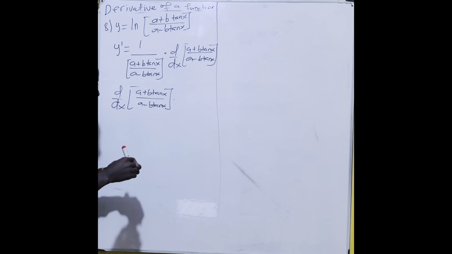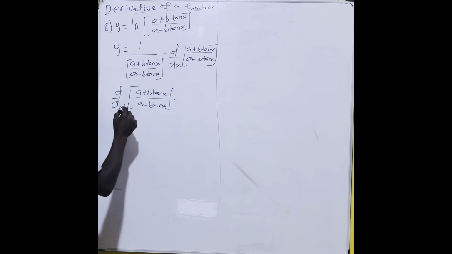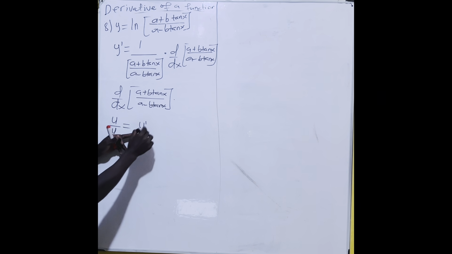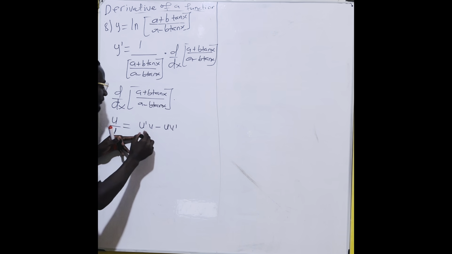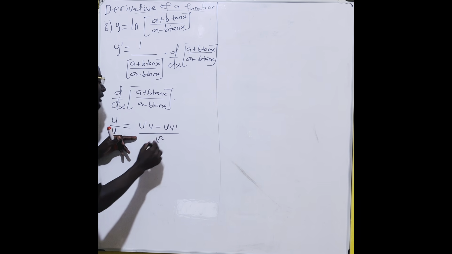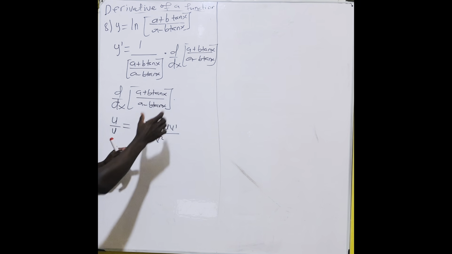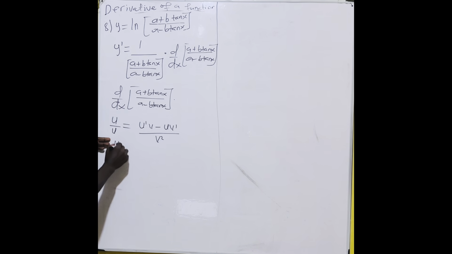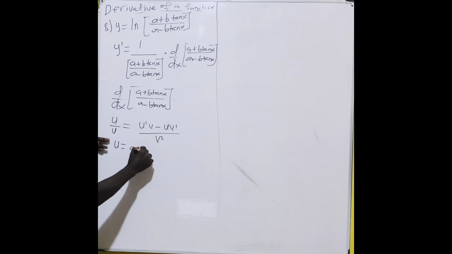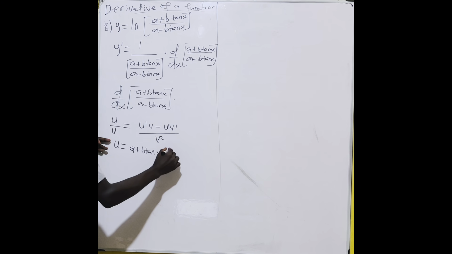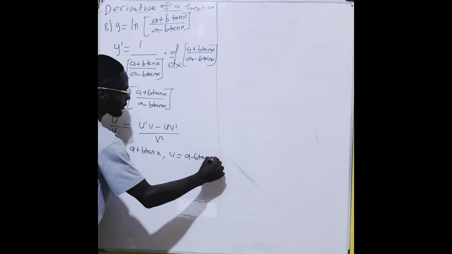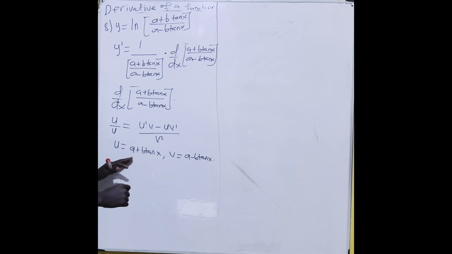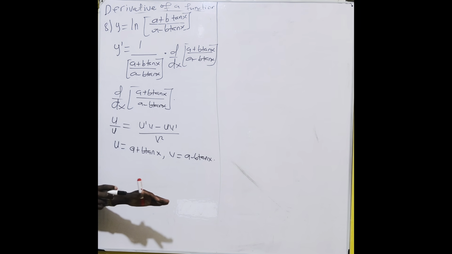The quotient rule says that you differentiate the first function, maintain the second function, minus maintain the first function, differentiate the second function, divided by the square of the second function. So we identify our first function to be u, and that is a plus b tan x, and our second function v is a minus b tan x. So that is what we have to do first.